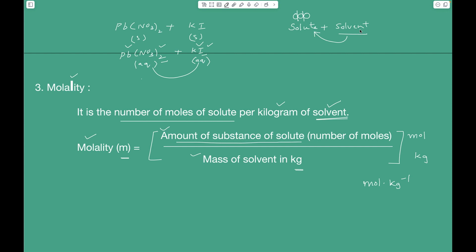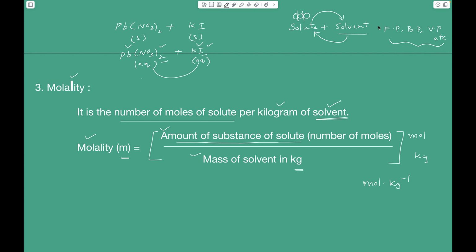Now my question is, does the solute also have any effect on the solvent? Of course it does. The solute that is dissolved in the solvent changes certain physical properties of the solvent, like its freezing point, boiling point, vapor pressure, etc. And these are known as colligative properties.